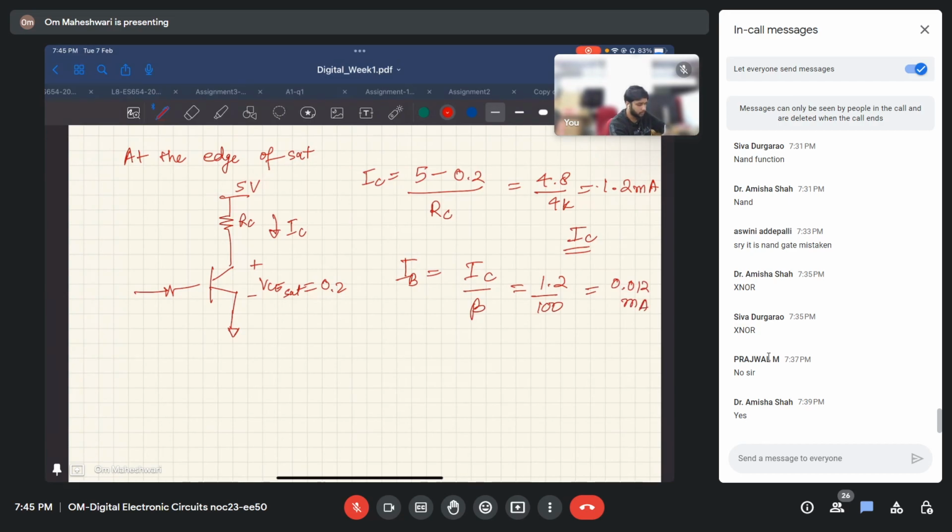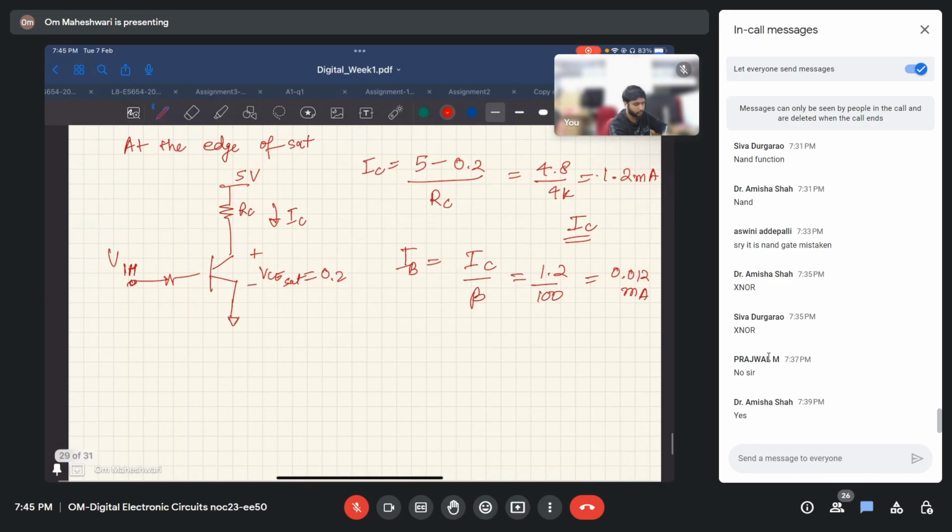Now at this time, what are we trying to find? We are trying to find VIH. When the transistor is at the edge of saturation, what is the input voltage? So this is RB. We know the current is 0.012. When it is on, we know that VBE will be at least 0.7 volts.